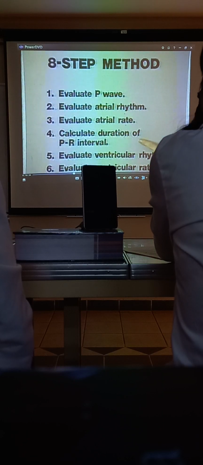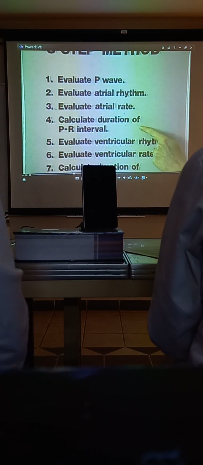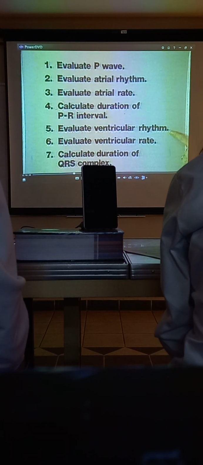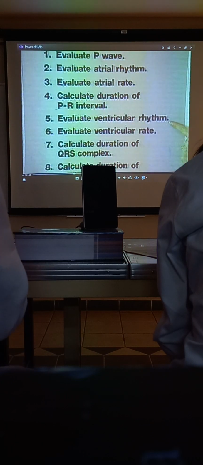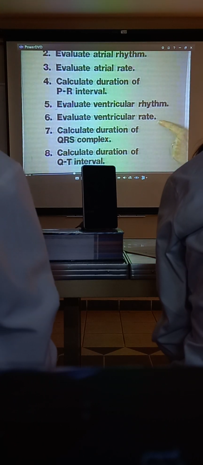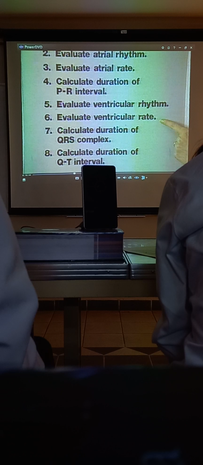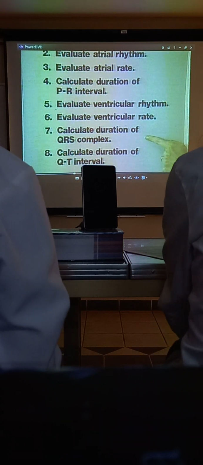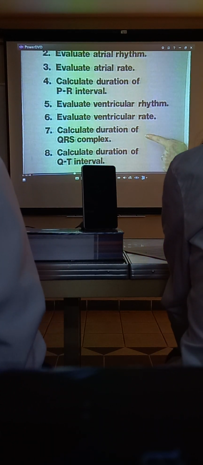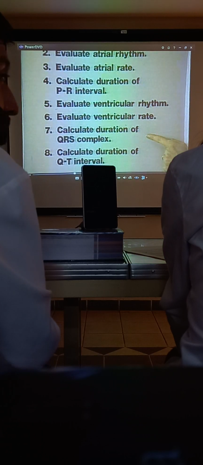Step 4, calculate duration of PR interval. Step 5, evaluate ventricular rhythm. Step 6, evaluate ventricular rate. Step 7, calculate duration of QRS complex. Step 8, calculate duration of QT interval.